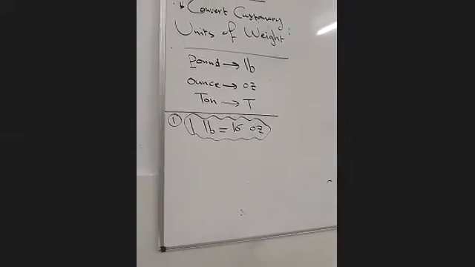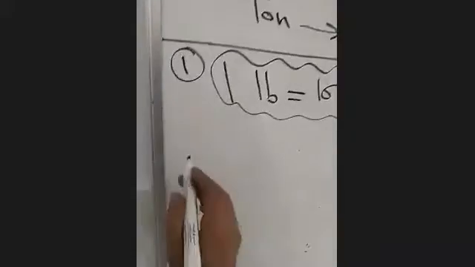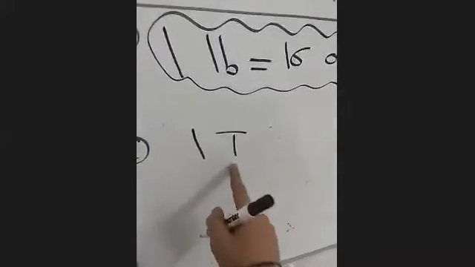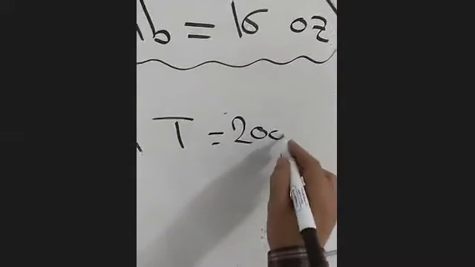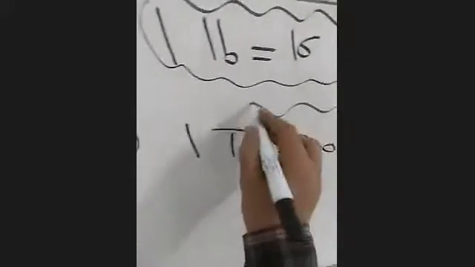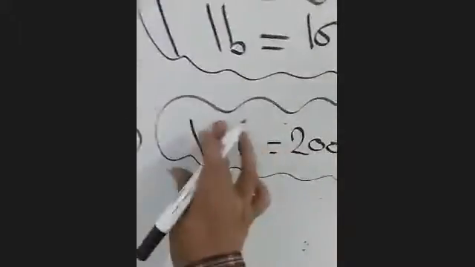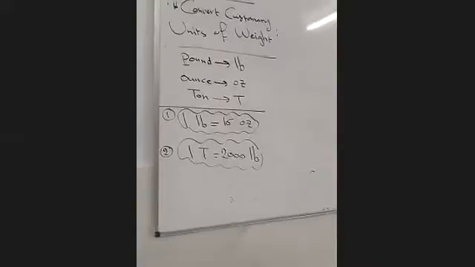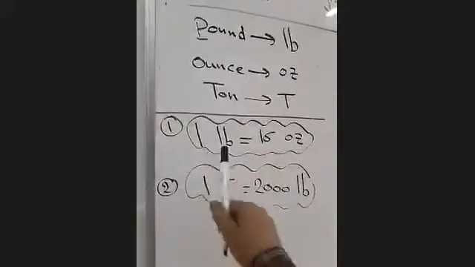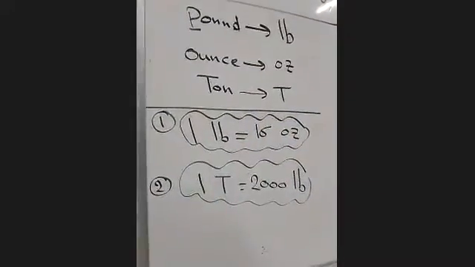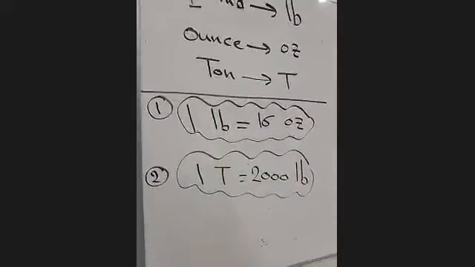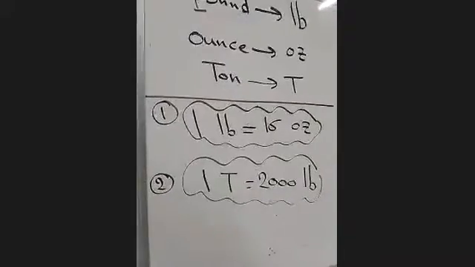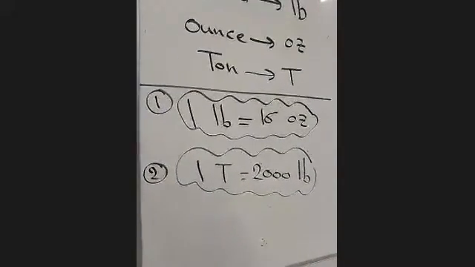Relationship number 2, each 1 ton equals 2,000 pounds, okay? Again, lb means pounds, oz means ounce, T means ton. How do we convert between units? 1 pound is 16 ounces. 1 ton is 2,000 pounds.